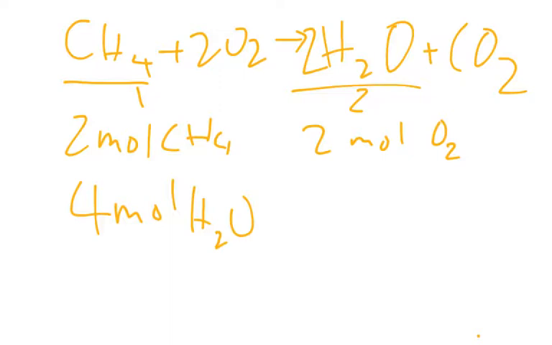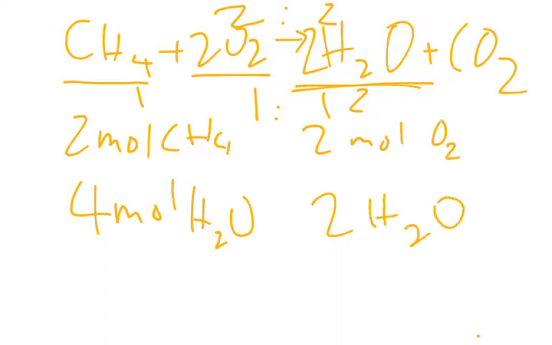Now, how much water is produced from 2 moles of oxygen gas? So 2 moles of oxygen gas for every 2 moles of water. This is a 2-to-2 ratio, or simplified a 1-to-1 ratio. So 2 moles of oxygen would give 2 moles of water.